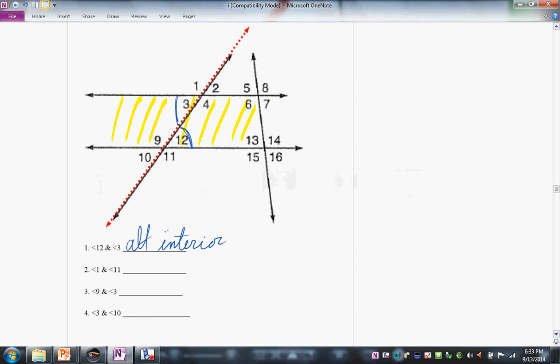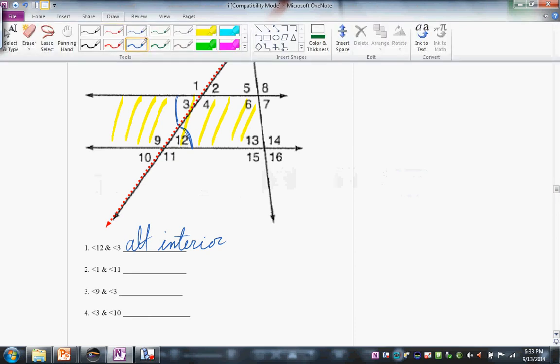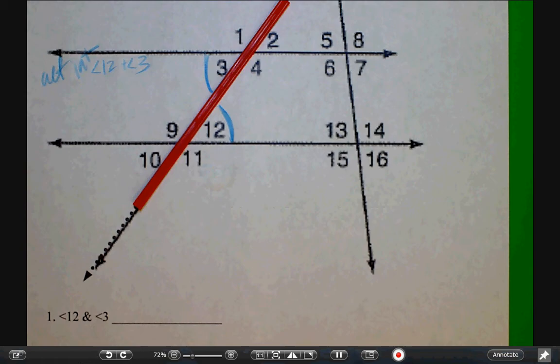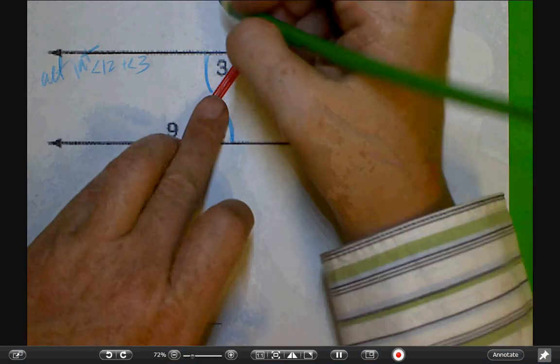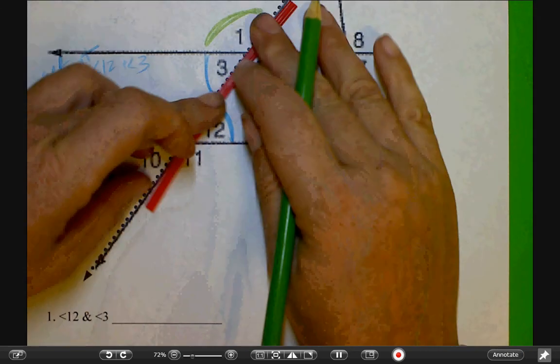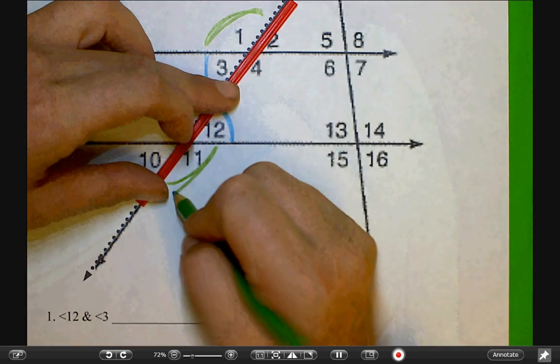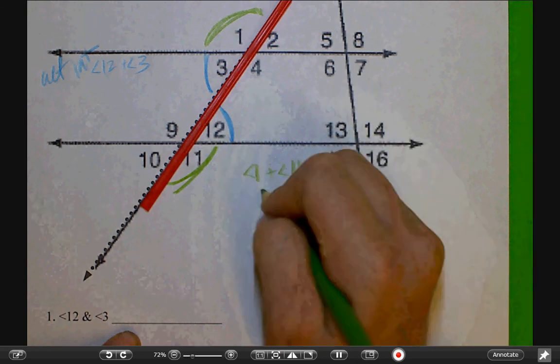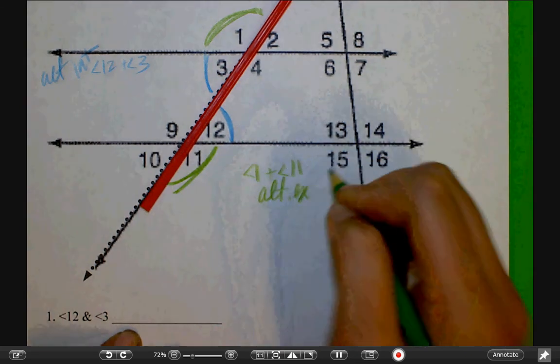Angle 1 and 11, they're outside of the lines, but they're still on opposite sides, so that would be considered alternate exterior. Again, 1 and 11 would be alternate exterior.